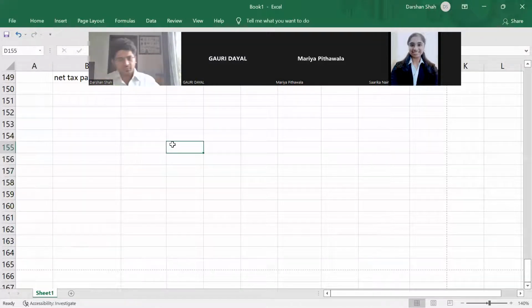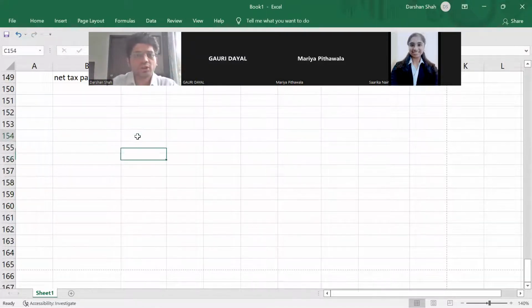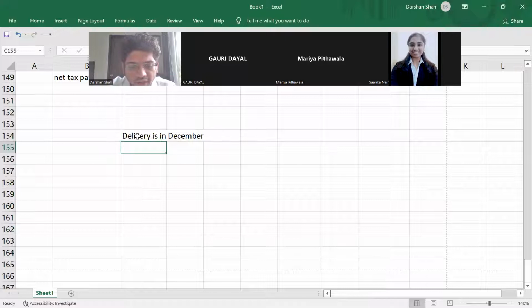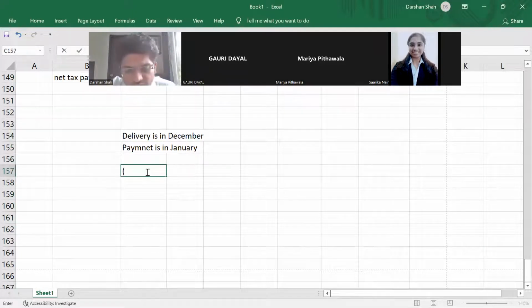Now, also one more thing. There was a doubt yesterday about the payment. Let us say delivery is in December, and payment is in January. In this case, what you guys can do is write a note.